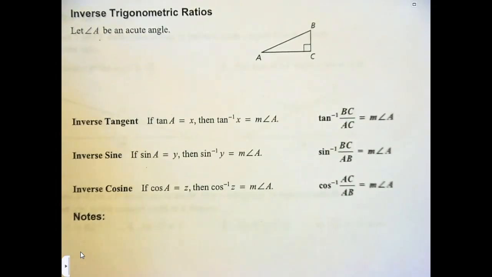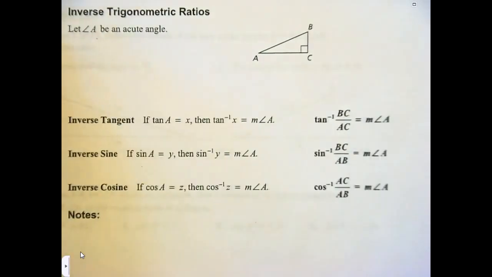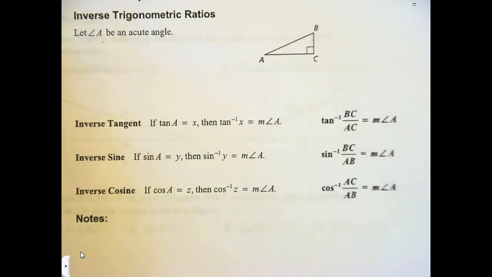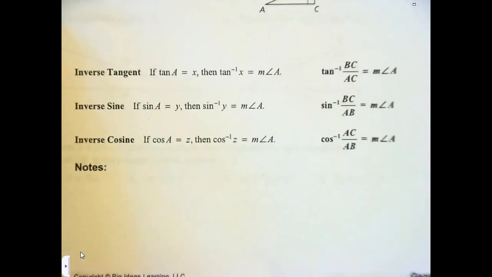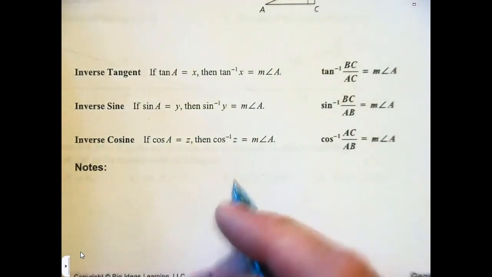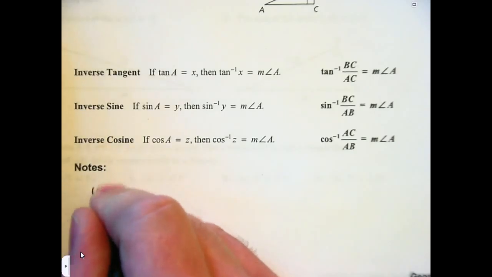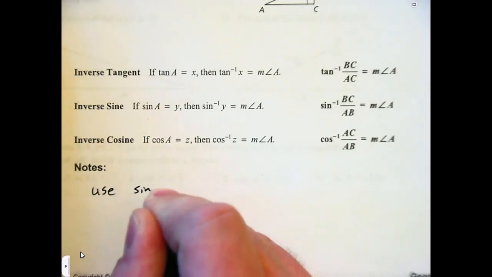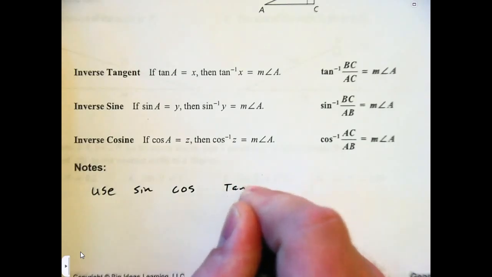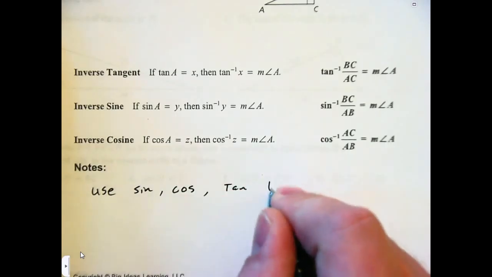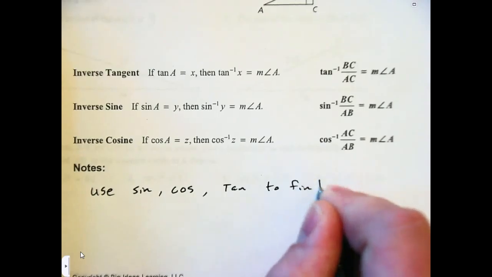Okay, so whereas the previous three sections, three trig ratios that we talked about, those found side lengths, these find angle measures. So one thing to put into your notes down here: use sine, cosine, and tangent to find sides.